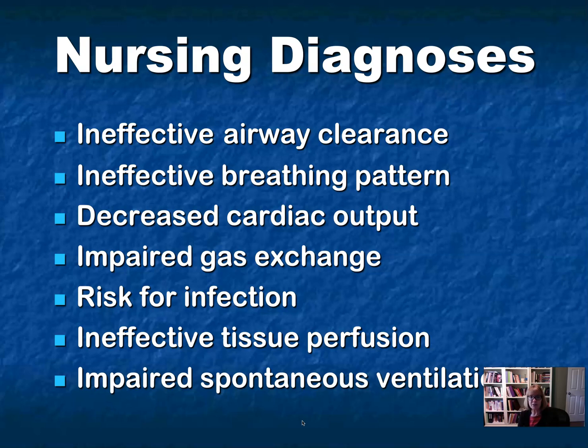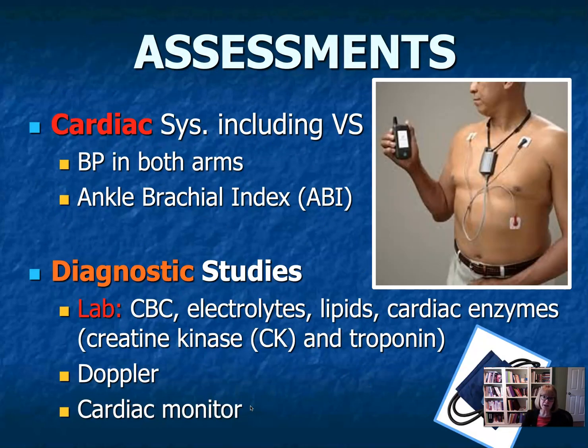All of these are potentials related to circulation and breathing. Just wanted you to know they're there. So as a nurse, we can look at specific interventions that we can do to help support a client in response to whatever their medical diagnosis is.